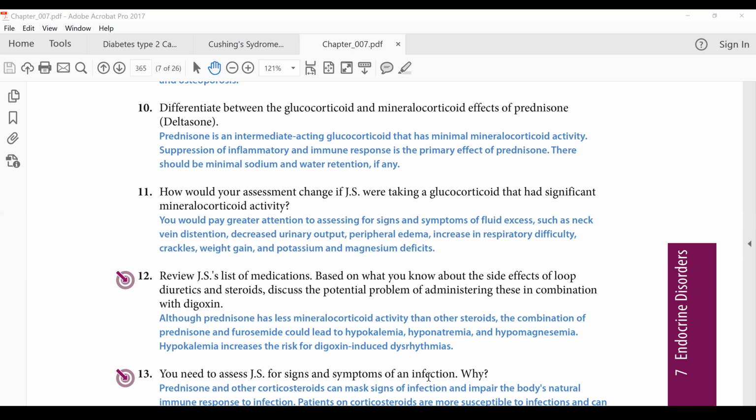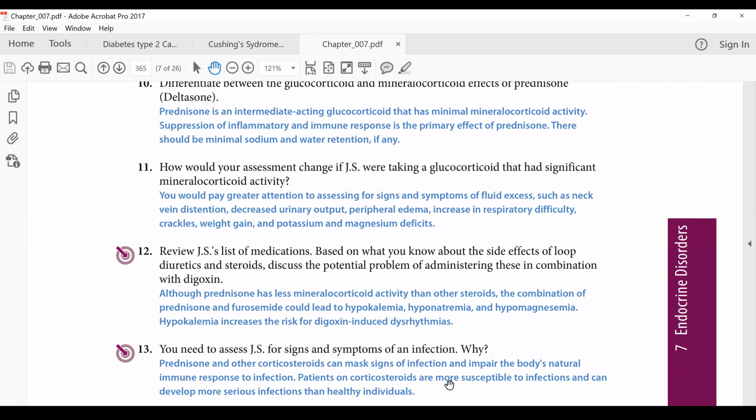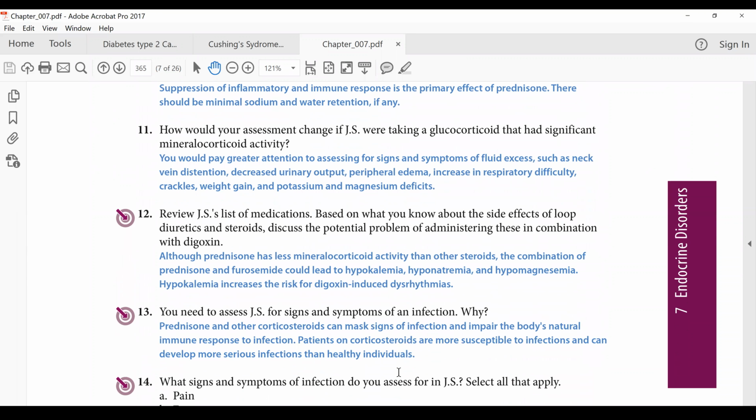Steroids affect the immune system. Prednisone and other corticosteroids can mask signs of infection and impair the body's natural immune response. If they take it, they have to understand they're more susceptible to infections and can develop a serious infection compared to healthy individuals. So WBCs are the things that we definitely want to look for.